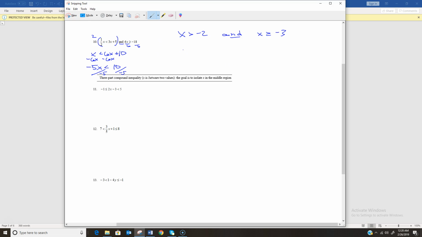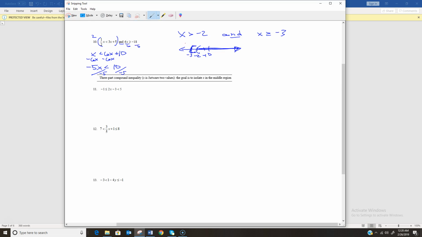So when I go to graph this, I'm going to graph x is greater than negative 2. And then I'm going to graph x is greater than or equal to negative 3. And we're only going to keep where they overlap.